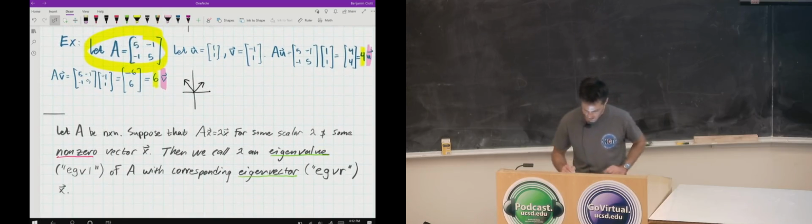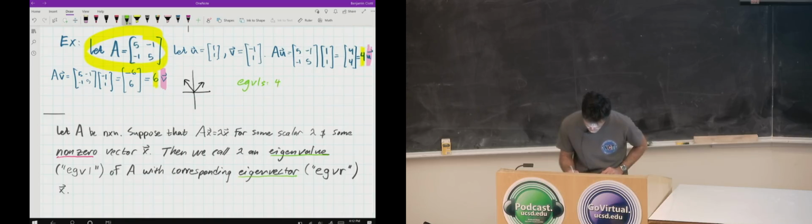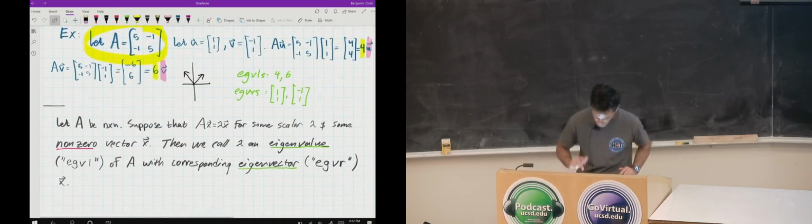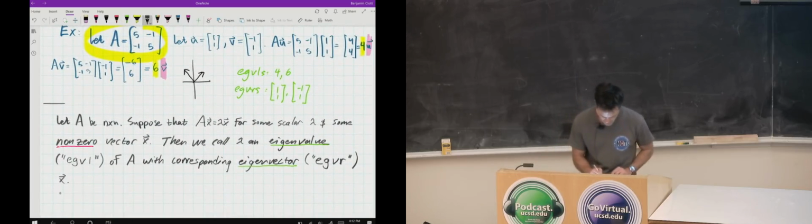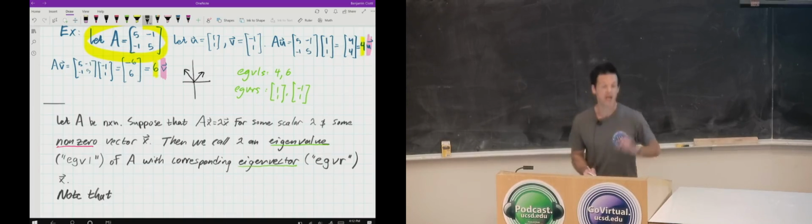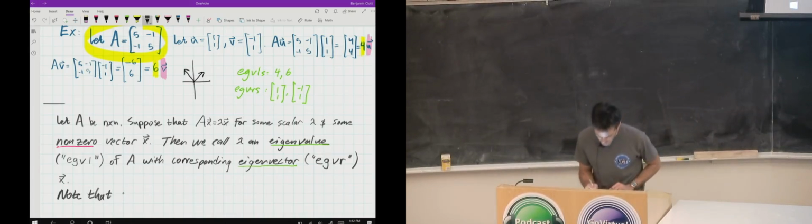Notice, though, here, so let me just write it. The eigenvalues were 4 and 6. The eigenvectors were (1, 1) and (-1, 1). So one thing I can point out right now is any non-zero multiple of an eigenvector is still an eigenvector.